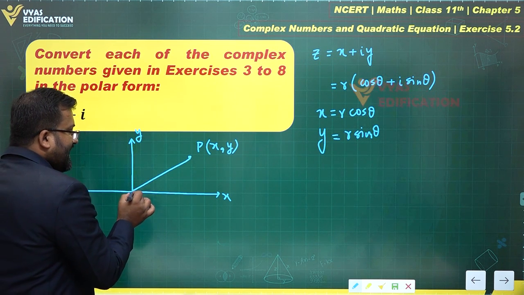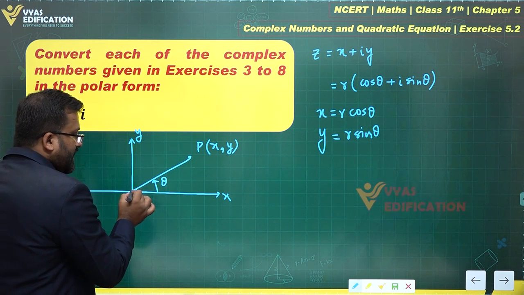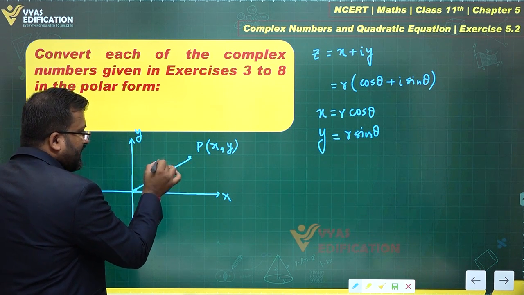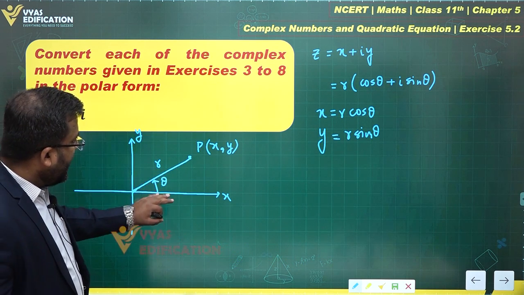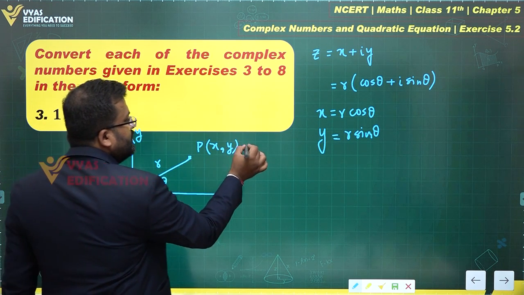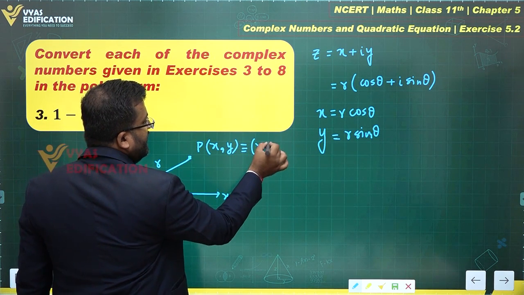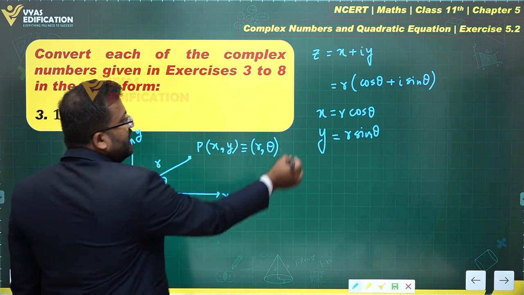What we do is, we draw an angle theta first and mark a point at a distance r on this ray at an angle theta, and therefore you reach P. So this P can also be represented by this r comma theta.